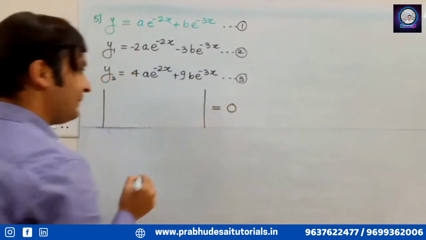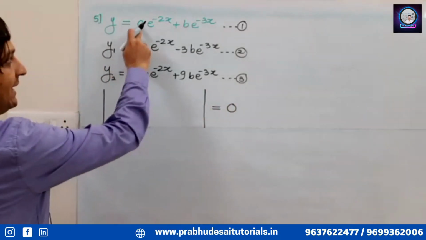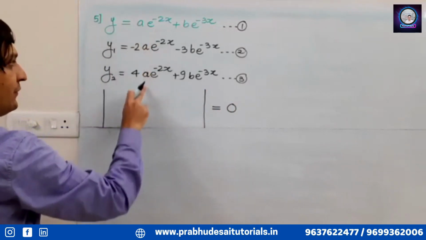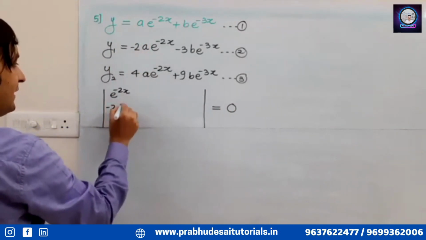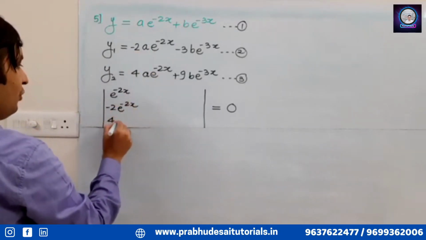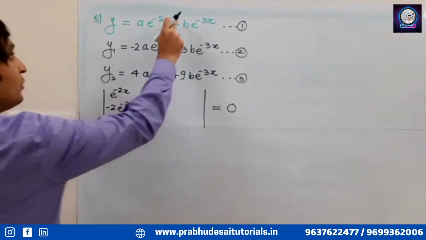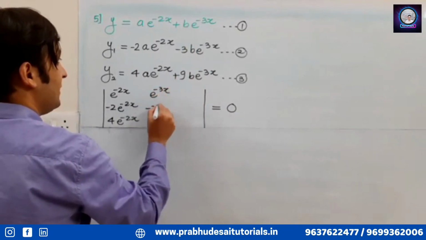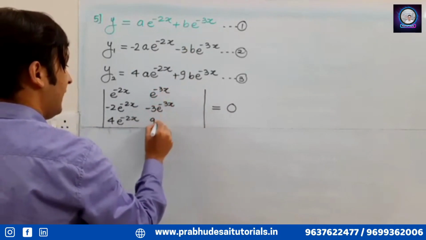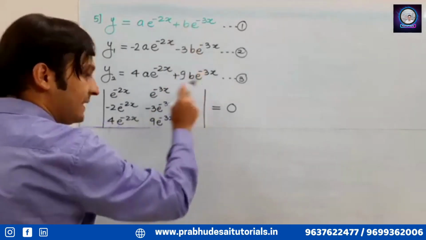How to form this? First, we want to eliminate a, so write the coefficients of a: e raised to minus 2x, then minus 2 e raised to minus 2x, then 4 e raised to minus 2x. Then coefficients of b: e raised to minus 3x, then minus 3 e raised to minus 3x, then 9 e raised to minus 3x. So we got it like this.